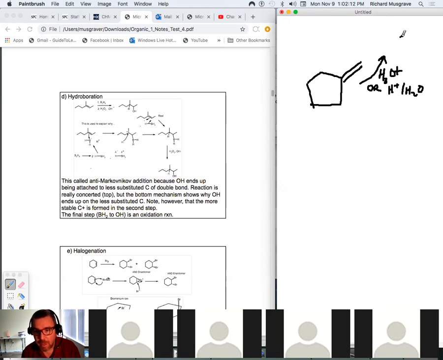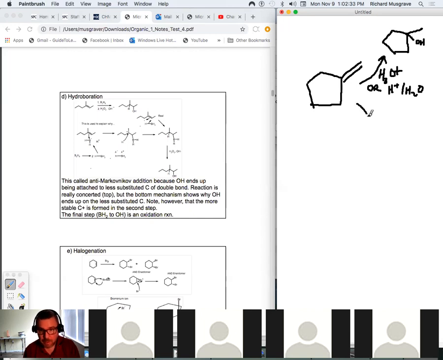Well, what we expect to have happen there is the OH will end up on the more substituted of 2 carbons. There we go, like that.